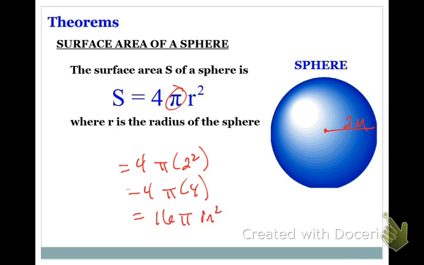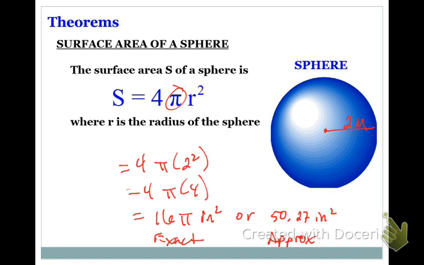It's still an area, so the units are square units. This becomes your exact answer because pi's in there. We haven't rounded anything off. Or if you want an approximate answer, you multiply the 16 times the pi, and you would get 50 point, and then you'd want to round it, right? So 50.27 inches squared. And so this would be your approximate.